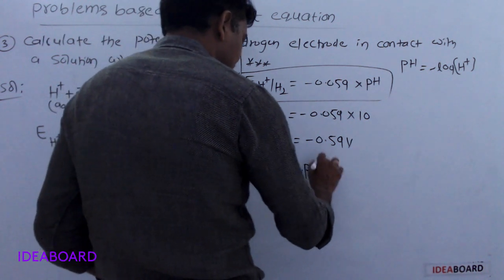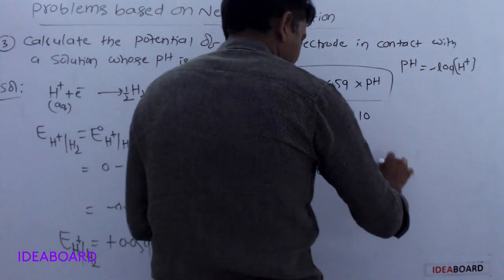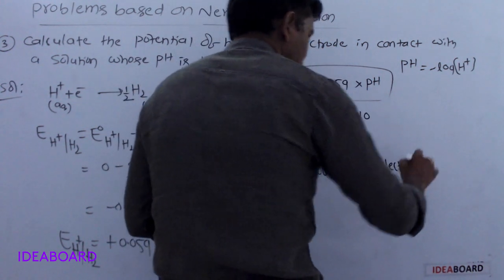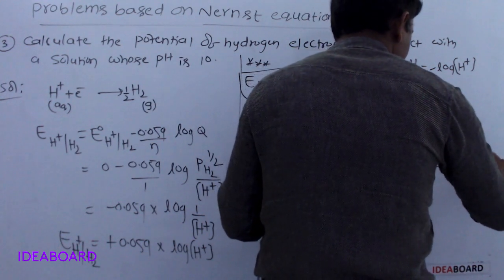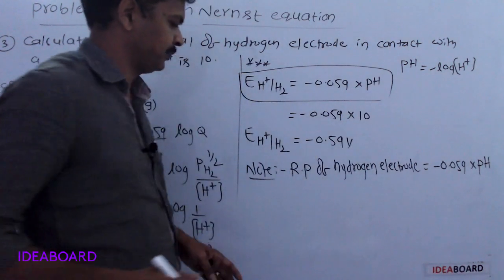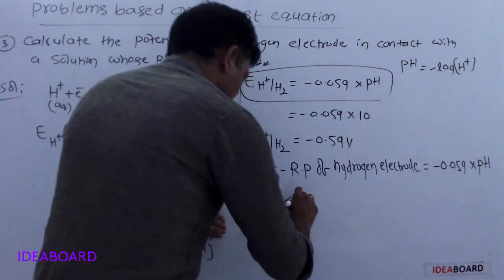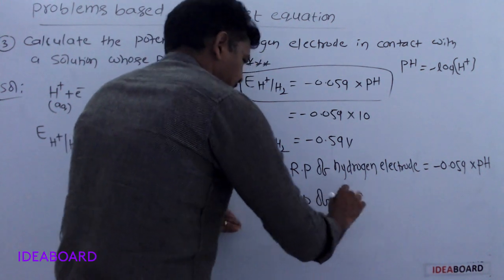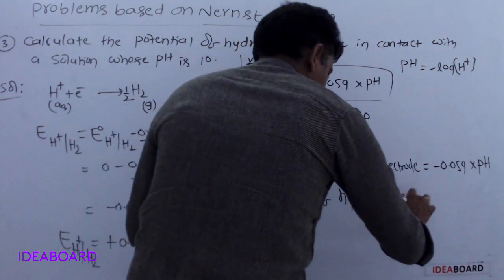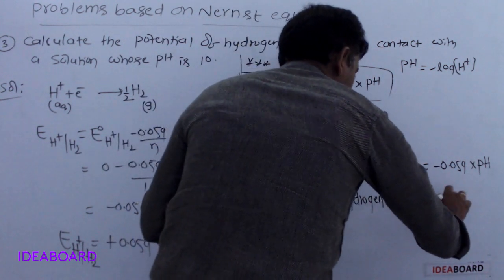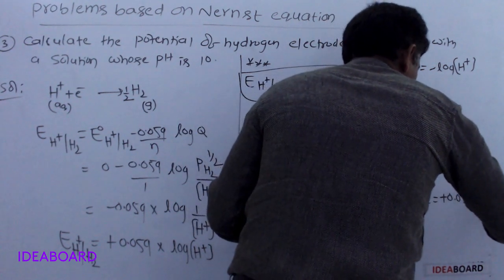Reduction potential of hydrogen electrode is equal to minus 0.059 into pH. Oxidation potential of hydrogen electrode is equal to plus 0.059 into pH.